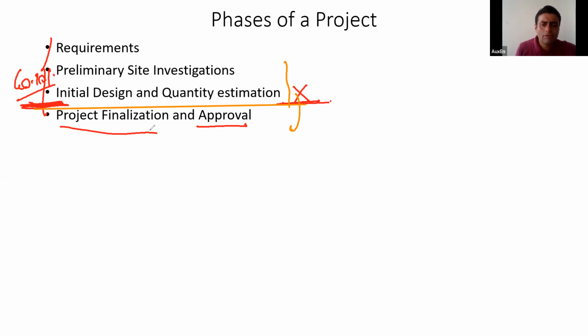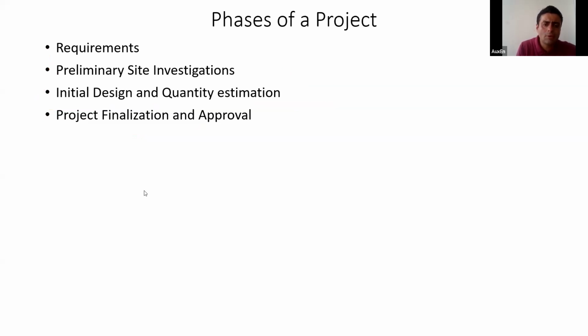So if the client approves the cost, if the client approves the planning, then your project may get finalized and approved. And after approval and finalization, then you may do the detailed design. Okay. So when I say detailed design, it involves the architectural and structural design both.